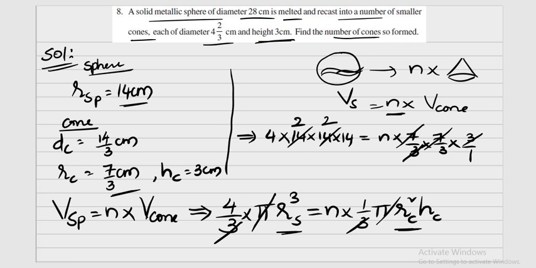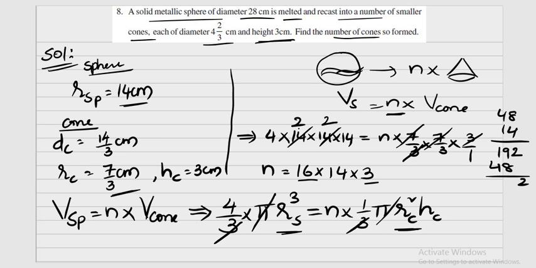Now finally what I am left with: n is equal to 4 2s are 8, 8 2s are 16, so 16 into 14 into 3, 16 3s are 48, so 48 into 14. I need to find out 8 4s are 32, 3 remains, 4 4s are 16, so this becomes 19, and next 48, 2 9s, plus 8, 17, 4 plus 1, 5 plus 1, 6.